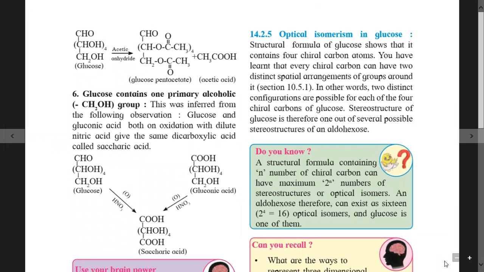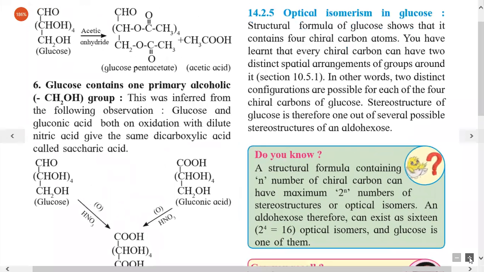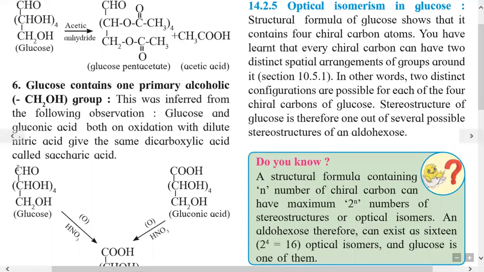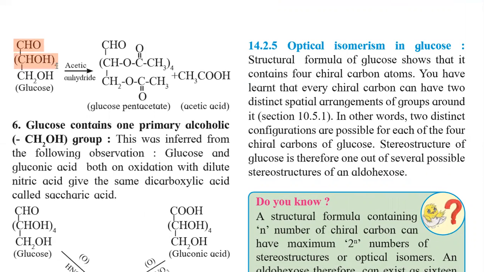Here acetic anhydride is CH3C double bond O, twice O, that is acetic anhydride. When this acetic anhydride is treated with glucose, the structure of glucose is CHO, the aldehyde functional group, then CHOH 4 times, the 4 secondary alcoholic OH groups, and CH2OH, the primary alcoholic group.